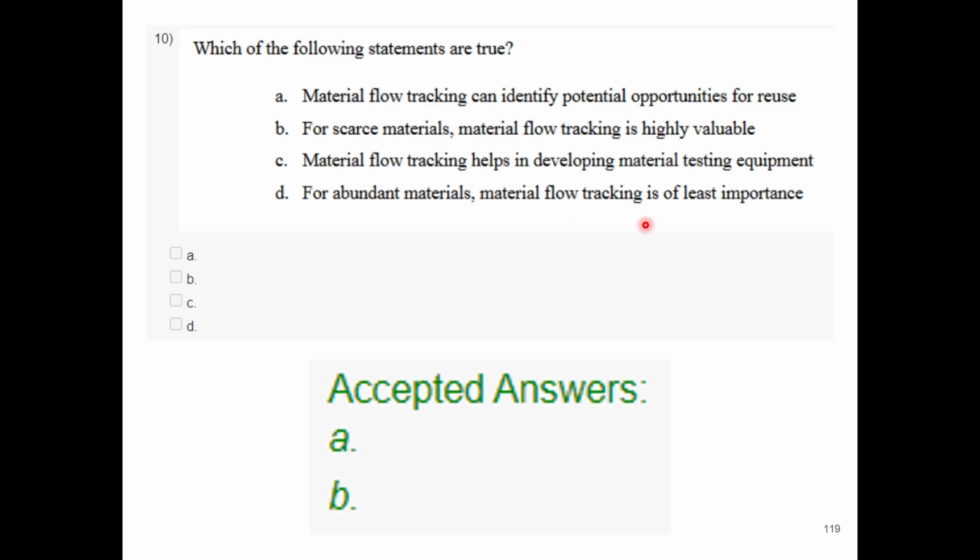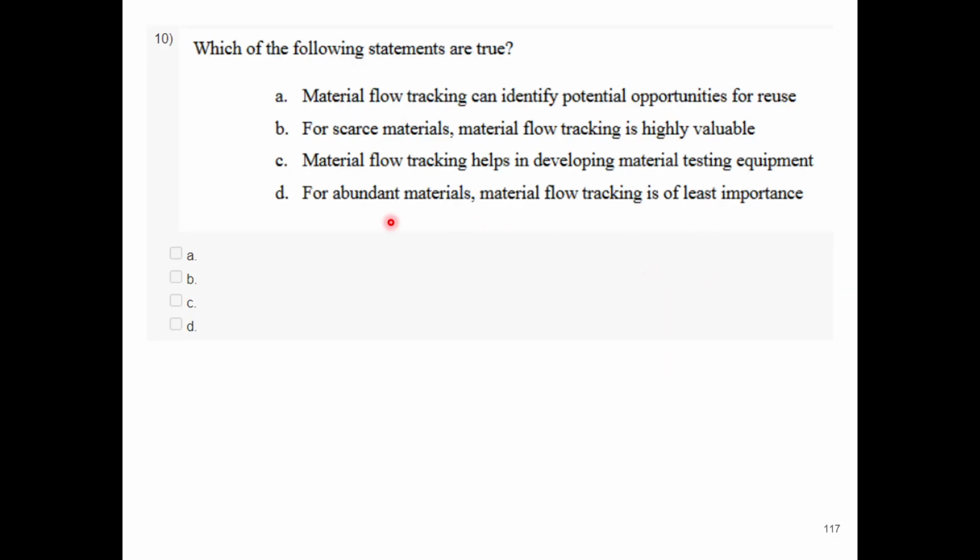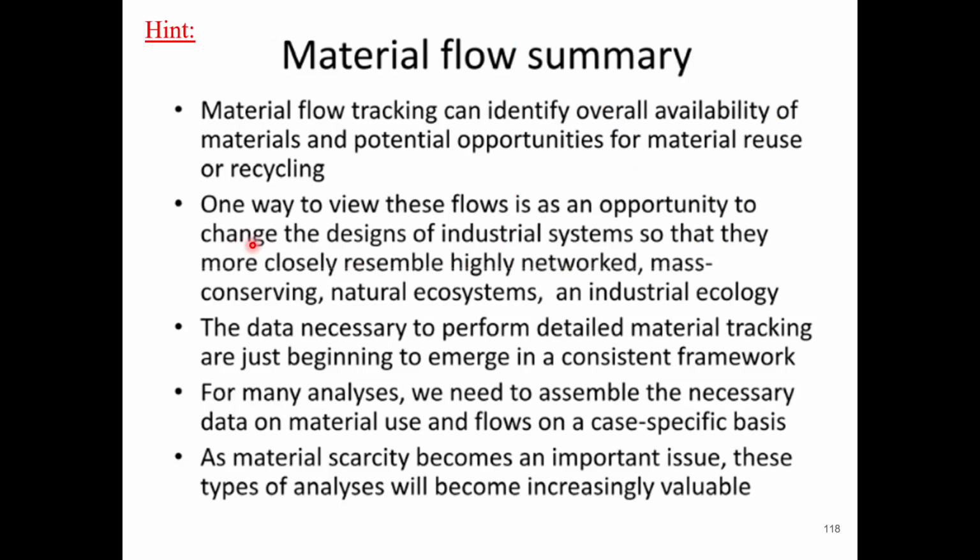So basically it is important even for abundant materials. It is not only important for scarce materials but also for abundant materials, because it provides an opportunity to change the designs of industrial systems so that they more closely resemble highly networked mass conserving systems.